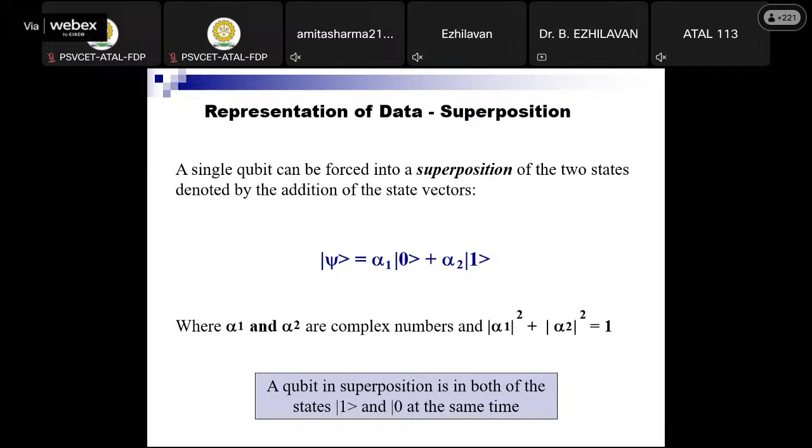This is the important thing in quantum computing. Superposition. Three things I told: superposition, entanglement, and interference.